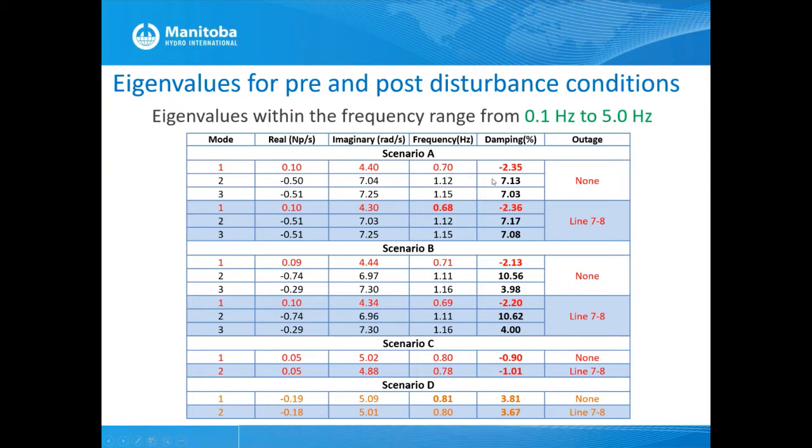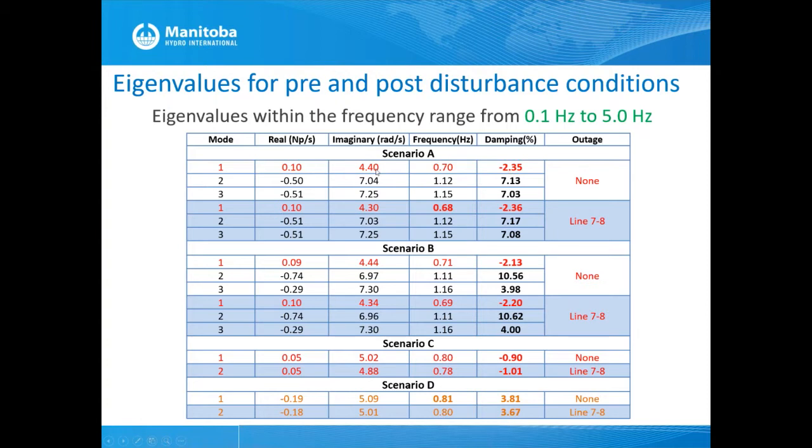Then in this column we have the percentage damping, and in the last column we show whether this is done for the system without applying any outage, or whether we have applied an outage. Because what we are seeing is oscillations in the system after you trip line 7 to 8, we are analyzing both the system before the fault happens and after the fault happens. So what you can see here is that in each of these modes, in this column here, the percentage damping is negative.